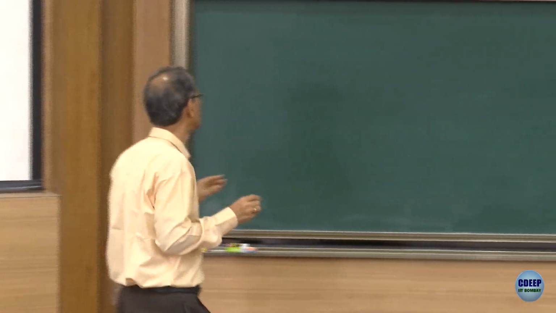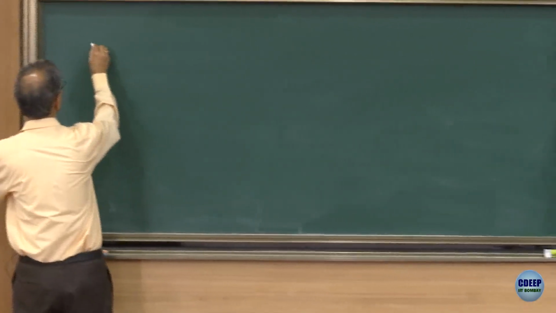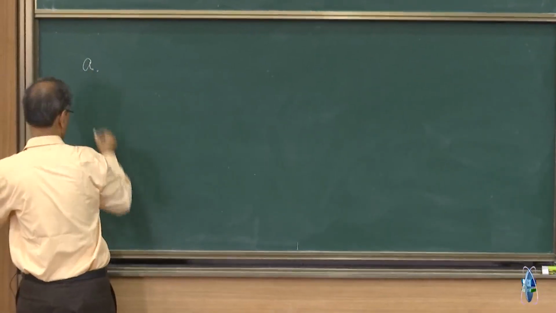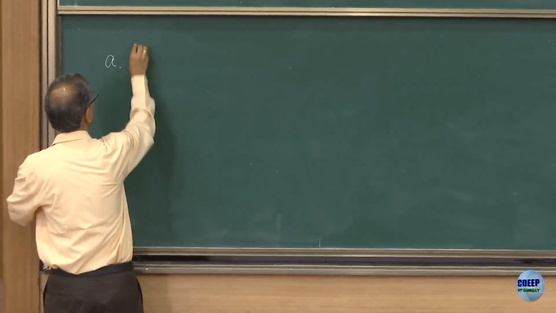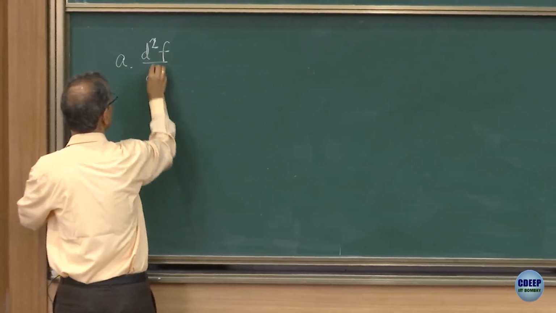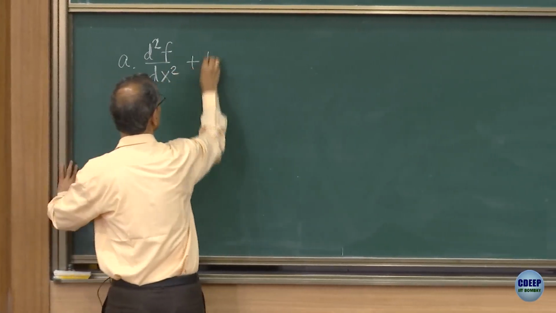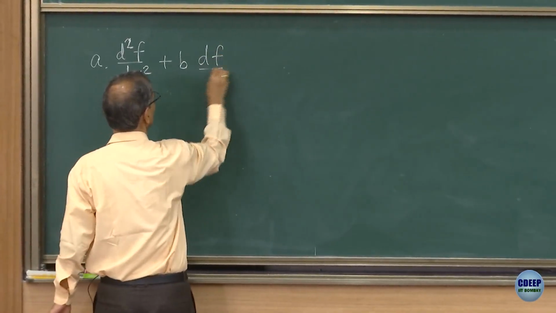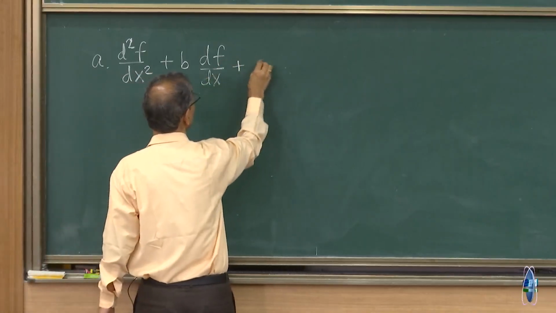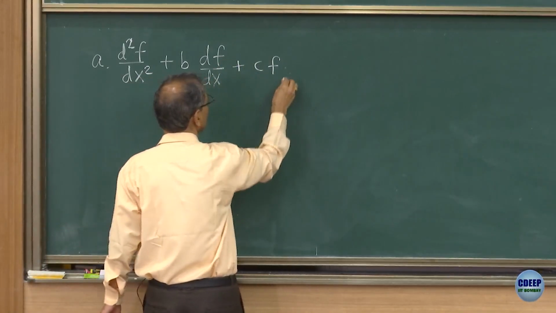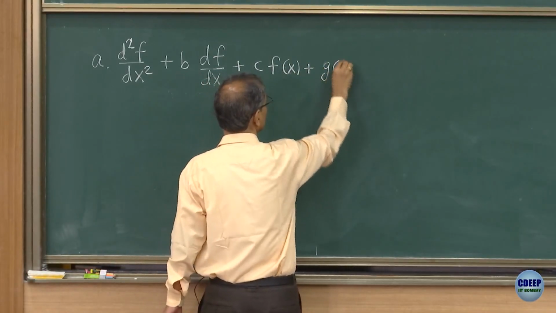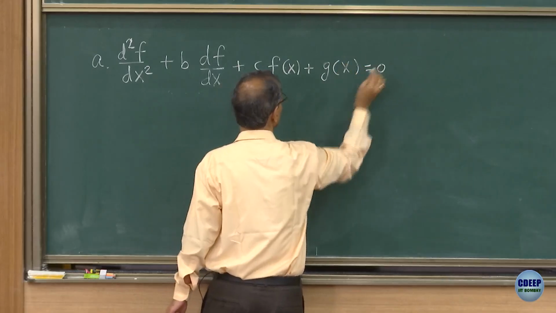Okay. So the generic equation I take will be, please see if you are able to read what I am writing on the board. So I will take generally A d squared f by dx squared plus B df by dx plus C f of x plus some source terms g of x is 0.